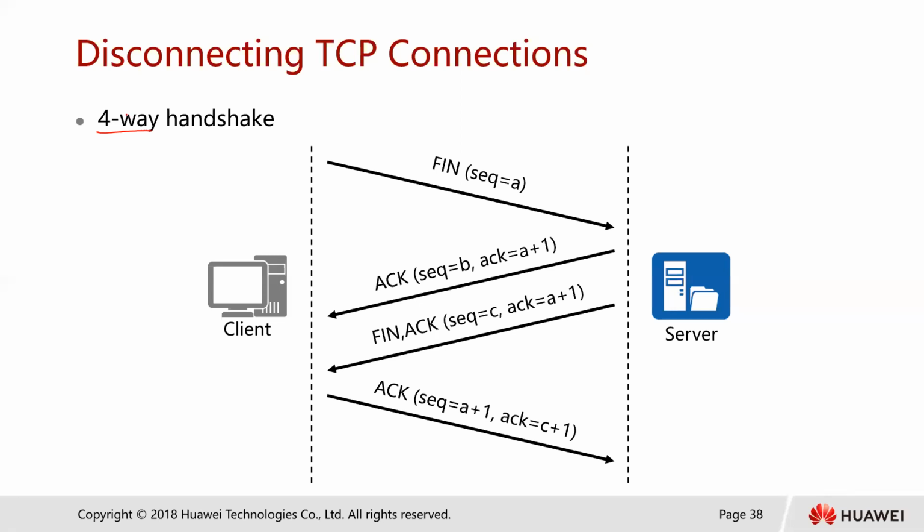The client sends a FIN packet. After receiving the FIN, the server replies with an acknowledgement +1 packet, and the server sets the acknowledgement number as the received sequence number plus 1.